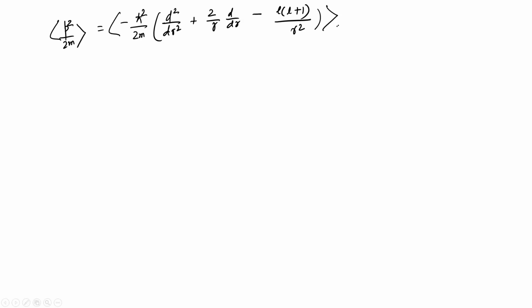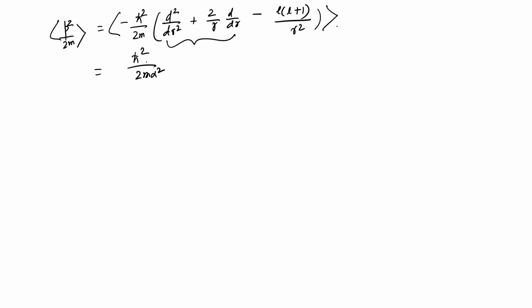So, you have to calculate this again with this ansatz wave function, and calculating this expectation value will give us h cross square divided by 2m alpha square. This part of the calculation is already done, and this is simple because it is just getting multiplied with 1 over r square. So, it is not going to be difficult.